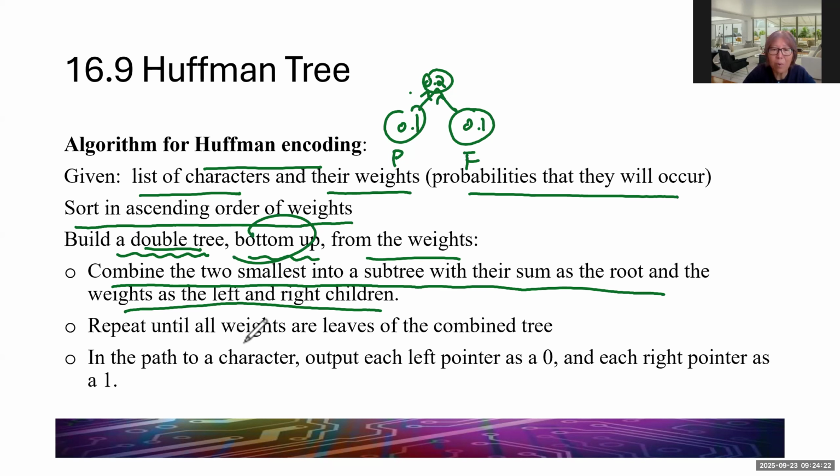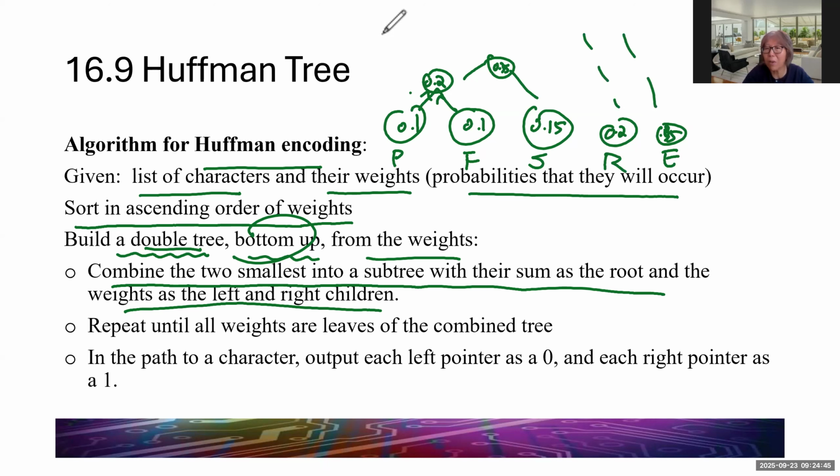And repeat for all the weights, including the combined ones. Then here maybe you have 0.15 is S, and then you can sum them, so this is 0.35. So keep doing this. And 0.2 and then 0.35. So E, R, suppose. So you keep doing this.